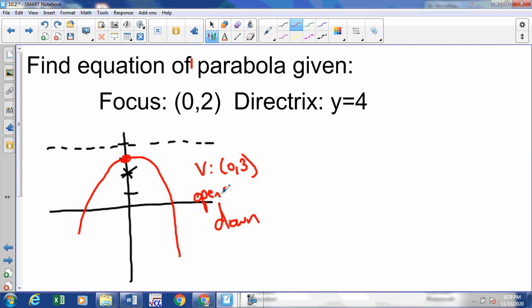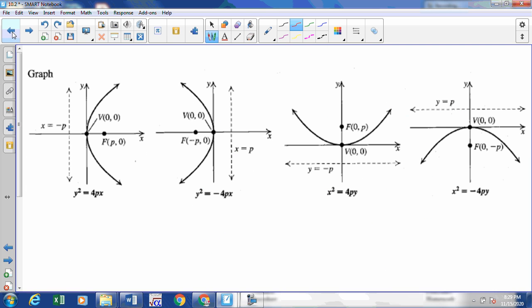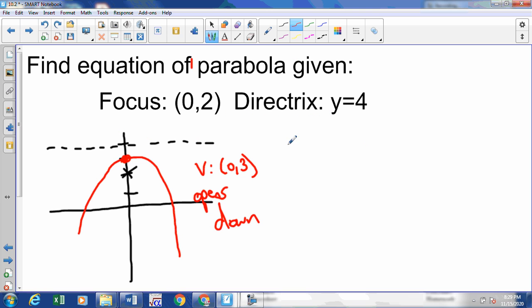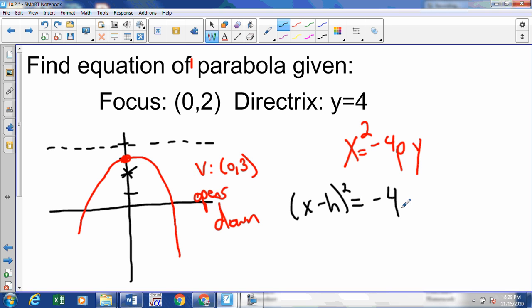So if you need to pull out your formula card or your formula sheet and look, if it opens down, we have x squared equals minus 4py. That's the form that this one is in. So in terms of now moving this, this would be (x minus h) squared equals minus 4p (y minus k). Well, my vertex is (0, 3). So my h is 0, my k is 3.